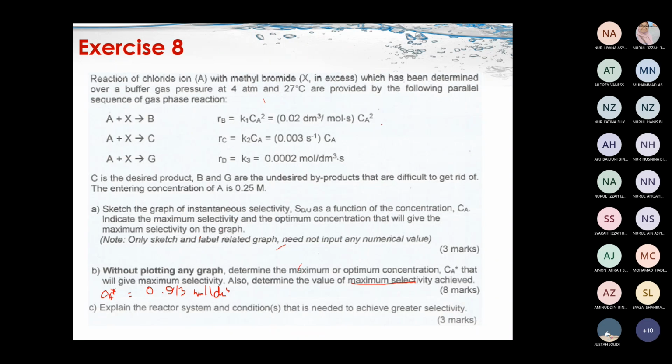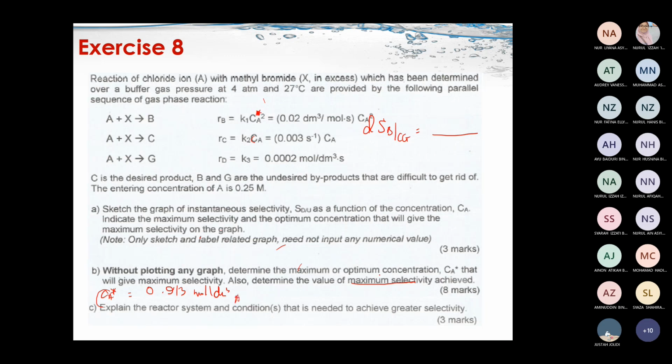selectivity. Okay, so selectivity, okay, katakan this is yang you nak adalah B. Alright, so B over the undesired. Okay, so you kena ada dot something here. Okay, so sekarang masuk maximum selectivity, dia nak dekat CA dia maximum. Okay, so this one yang you dah plug in masuk dalam sini ni, you kena kira bukan CA biasa tapi CA yang maximum yang you obtain here.